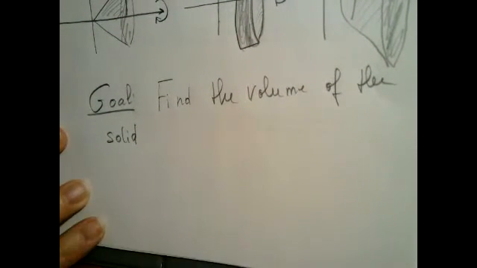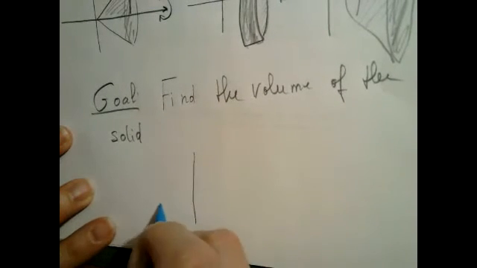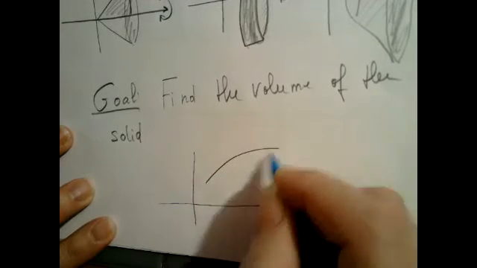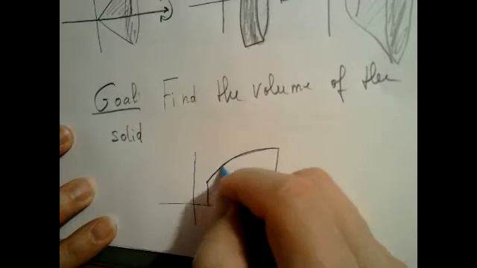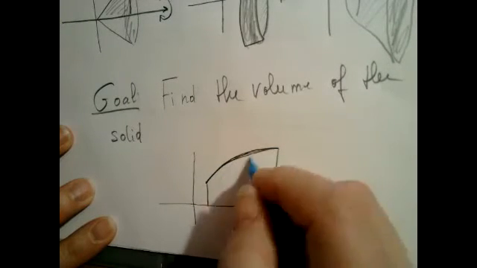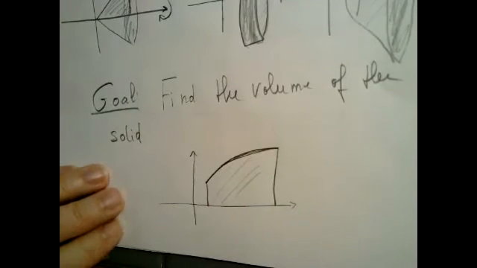Let me take you back to the idea of area. What was our strategy to find the area under a curve? So this is a curve, it's curving, it's not a straight line. To find this area, what was the strategy? Anybody kind of put it in a few words? It is given by an integral.